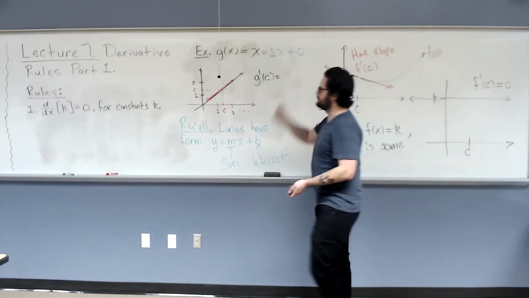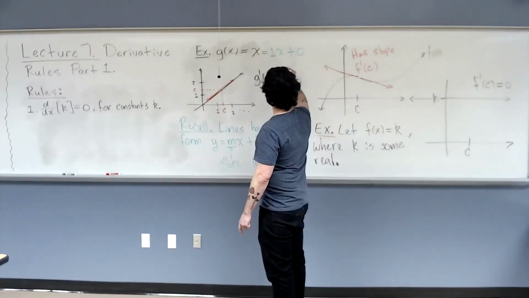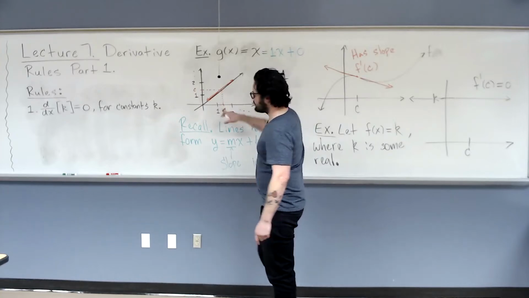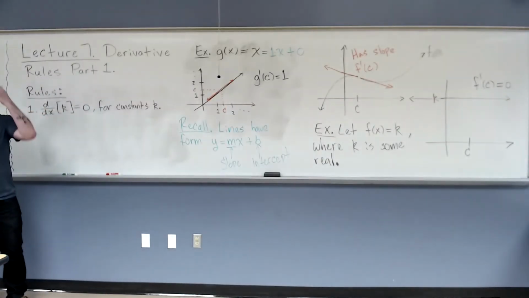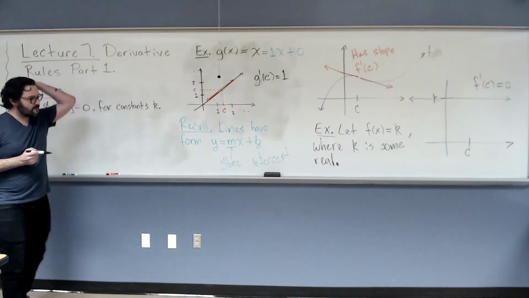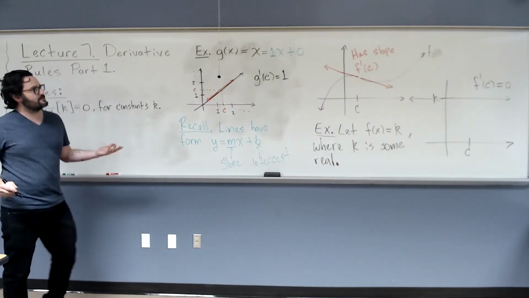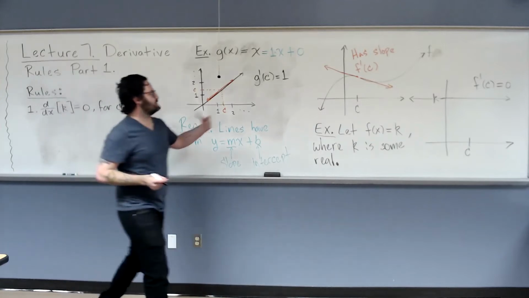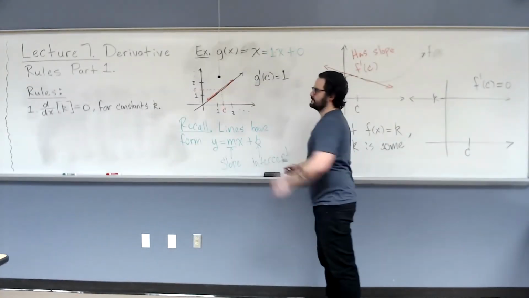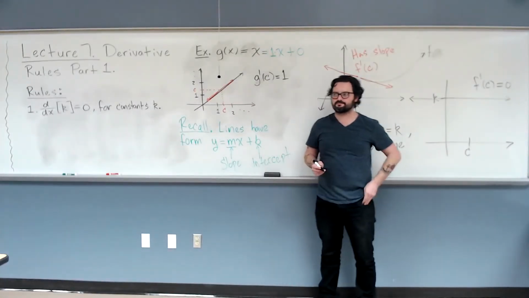It's the same as the slope of the line. And this is true no matter what c we plug in, right? For every real number c, it's going to be 1. Okay? So that, in a sense, gives us a function back, right? We plug in a value, we get out something. Same thing with the constant, actually, too.